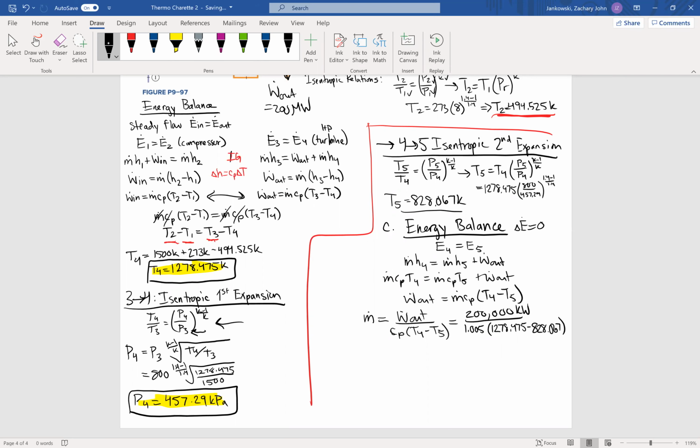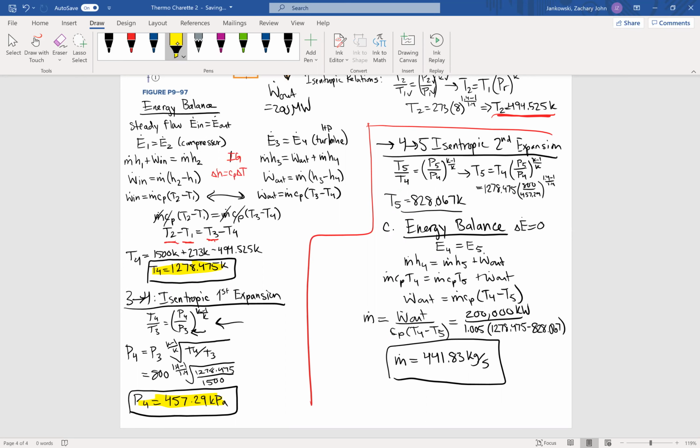And when we do that division out, we get that our m dot is equal to 441.83 kilograms per second. And that is our final answer.